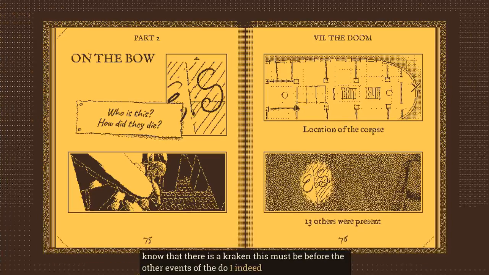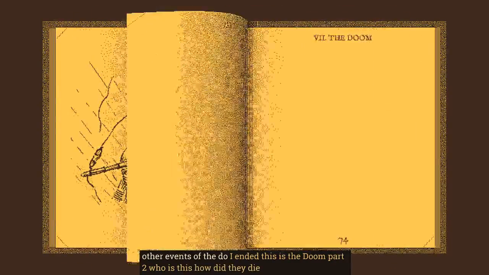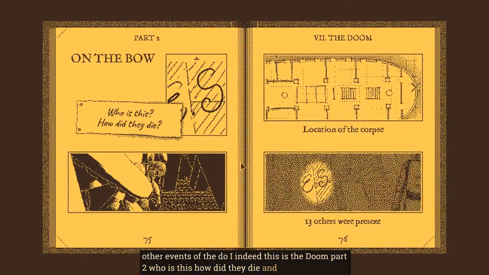Ah, indeed. This is the Doom Part 2. Who is this? How did they die? And the identity of this man has been given away immediately to us because he's not in the sketch. He is the one who signed the sketch.